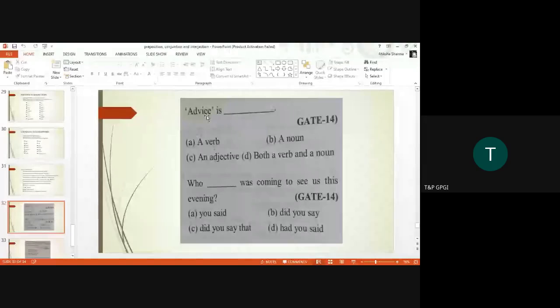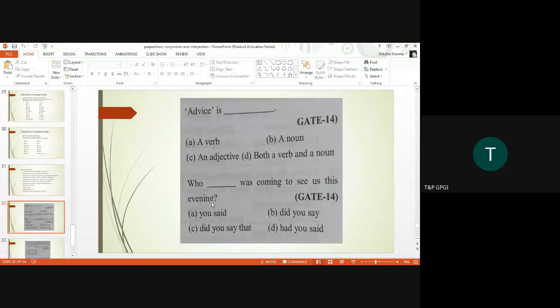Okay. If it is ADVICE over here, instead of CE, if it is SE, it will be a verb. But since it is a CE, it's a noun. The second question is: who dash was coming to see us this evening?